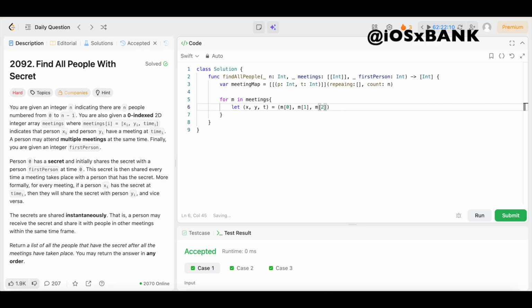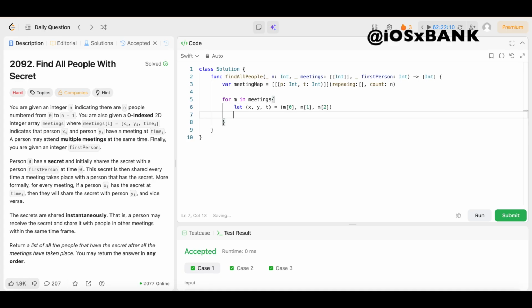Boom. Then we need to add the meetings to both participants since the graph is undirected. So we'll come underneath this and we will say meetingMap square bracket x, come outside of that, we'll say dot append, open up the parentheses, pass in p colon y, comma t colon t.